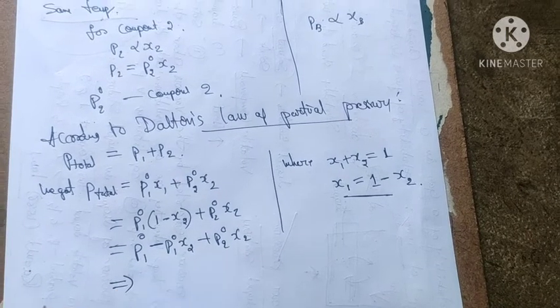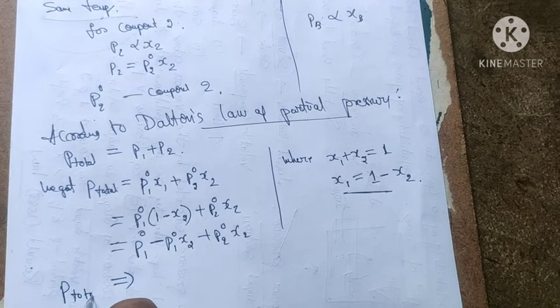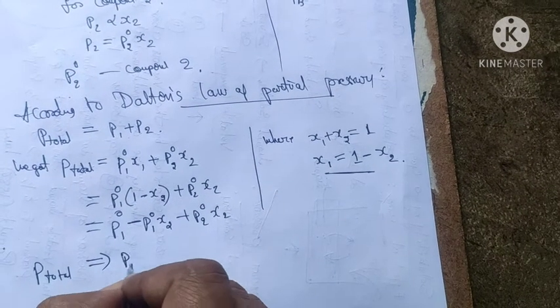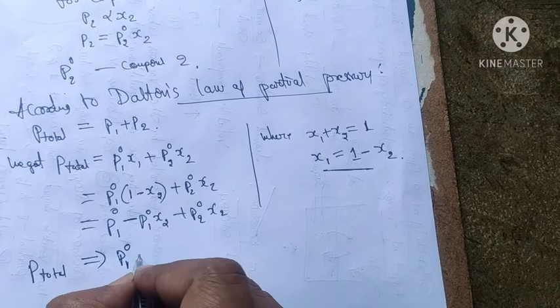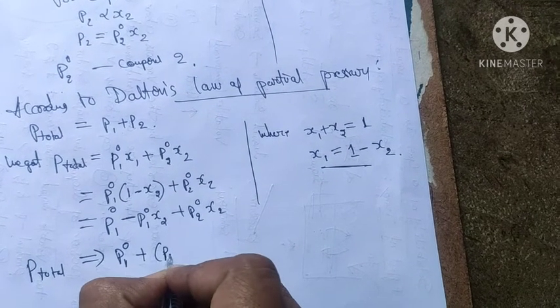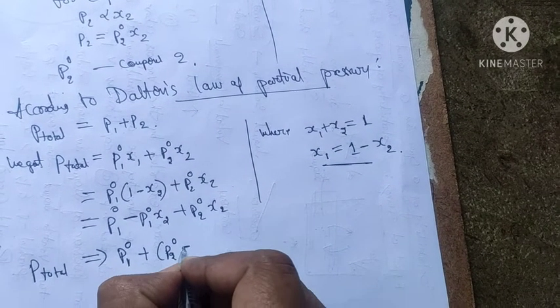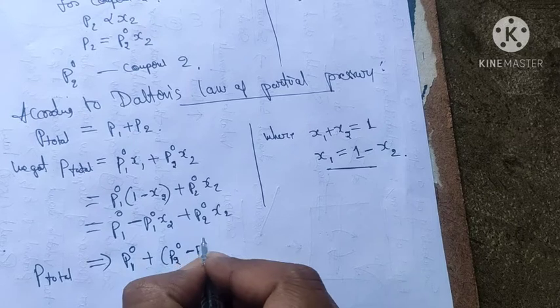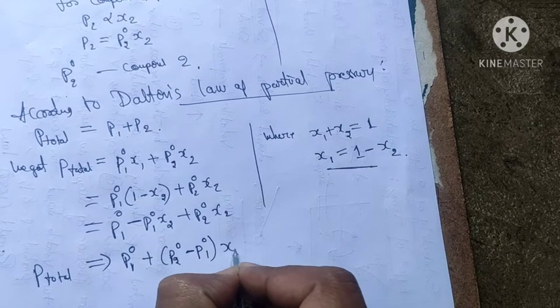Overall, P total equals P1 naught plus P2 naught minus P1 naught, times x2.